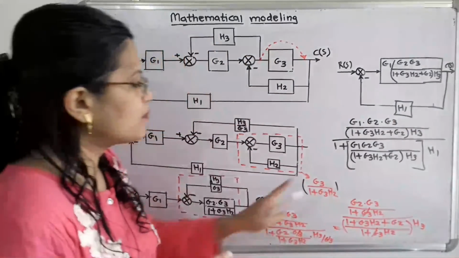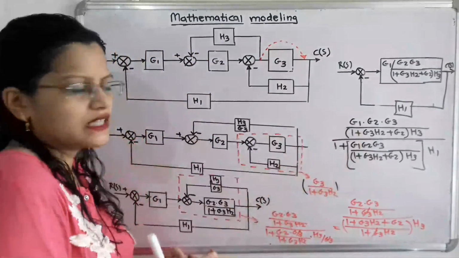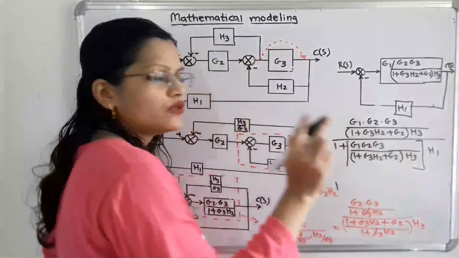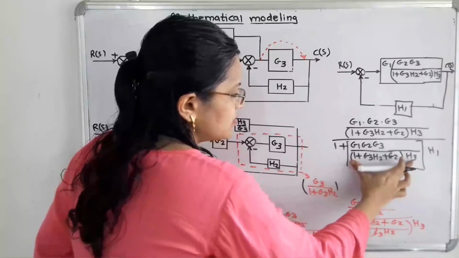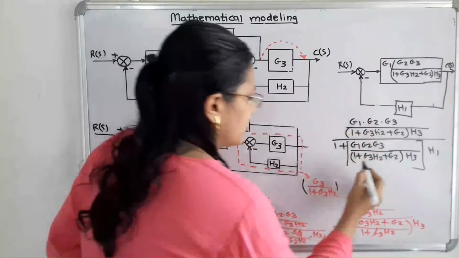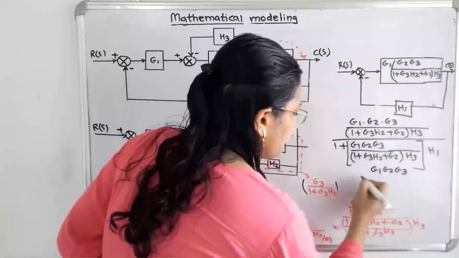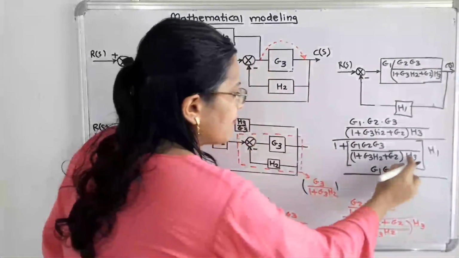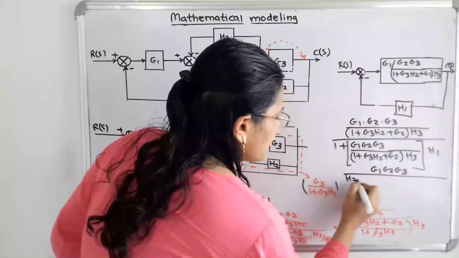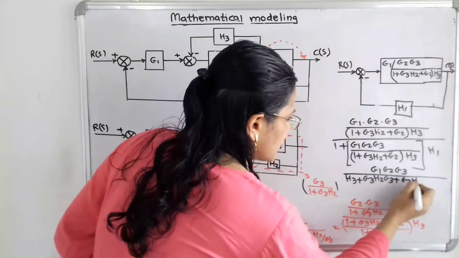Now again if we observe, we will take the same denominator for this one also, and we will cancel this denominator. So I will do two simultaneous processes: I will multiply for this denominator with this one, and simultaneously I will cancel both the denominators. So what will be the final answer? That is G1 G2 G3 divided by, now I will multiply inside the bracket H3 also, so it will become H3 plus G3 H2 H3 plus G2 H3.